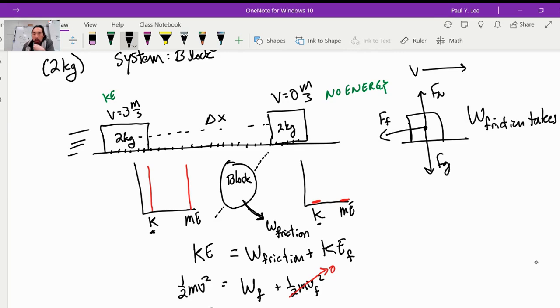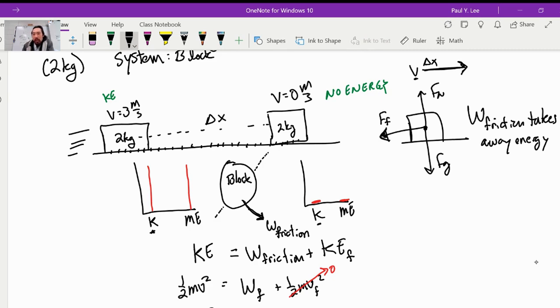takes away energy. And the reason why it takes away energy is if you take a look at this displacement vector, which I represent as a velocity, this is going to the right, but this F_f is pointing to the left.